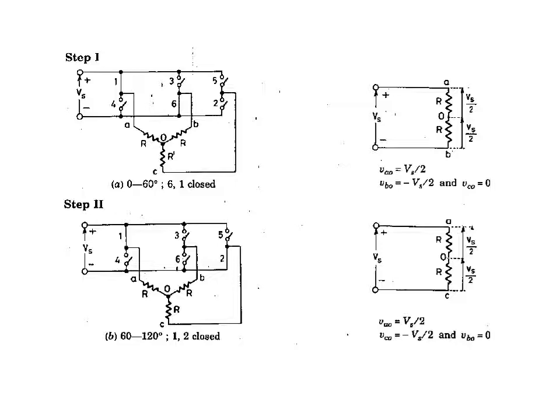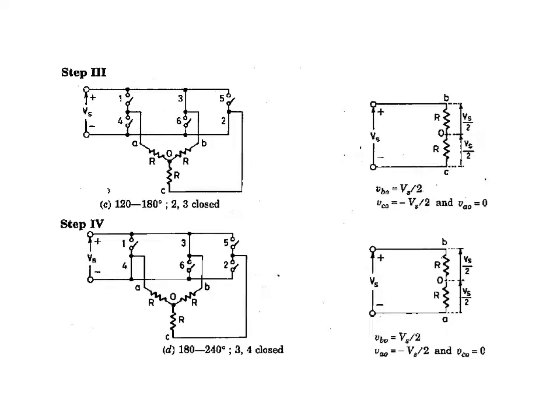For step 2, 60 to 120 degrees. Step 3, 120 to 180 degrees. And step 4, 180 to 240 degrees, likewise. So the circuit models from step 1 to step 4 are as shown in the figure, where the load is assumed to be resistive and star connected.